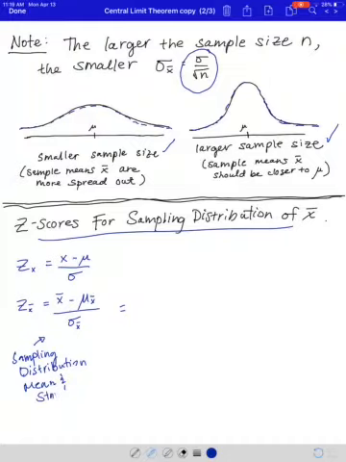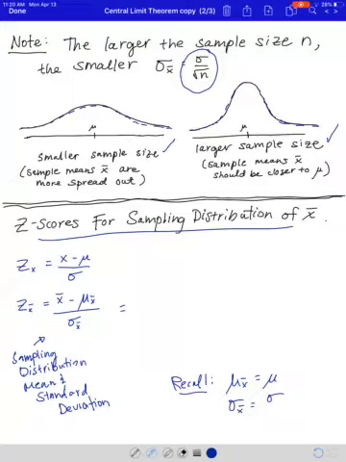There's also a way where we can use the population mean and standard deviation. So let's just recall, remember mu sub x bar, that's just the same as the population mean. We saw that in the previous page. And sigma sub x bar is equal to the population standard deviation divided by the square root of n.